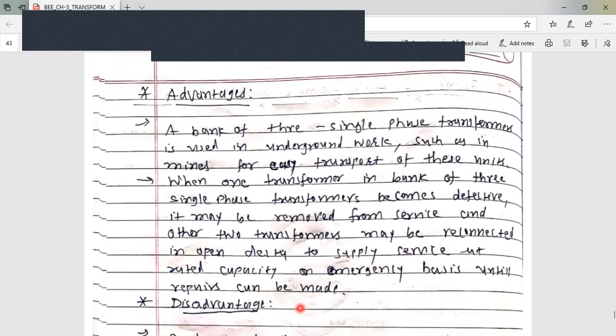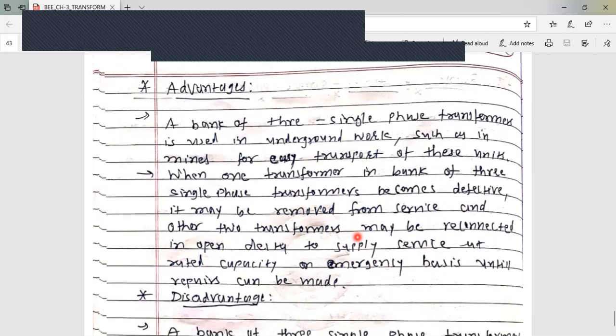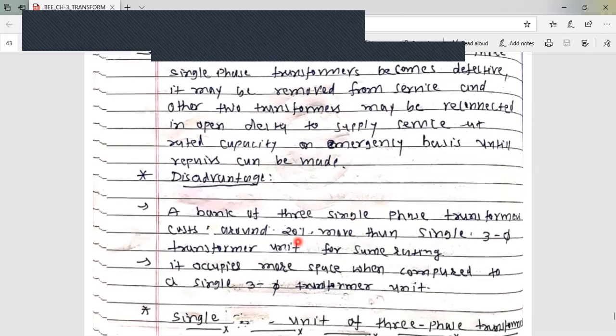So this is the advantage of the bank of three single phase transformers compared to the single three-phase transformer unit. But the disadvantage is that cost, weight, and space are more than the single unit.